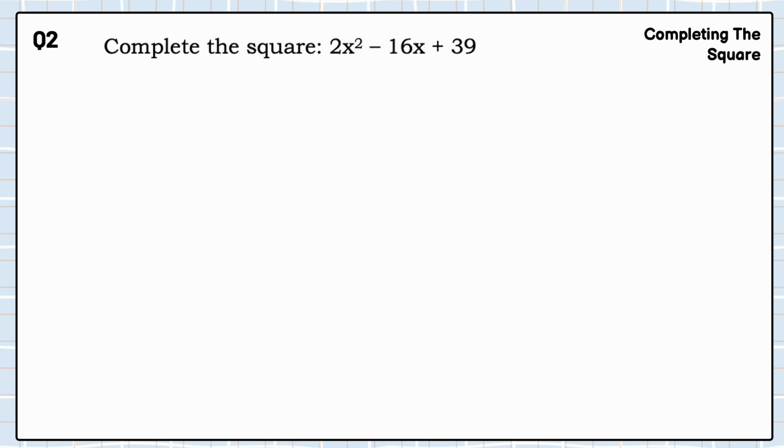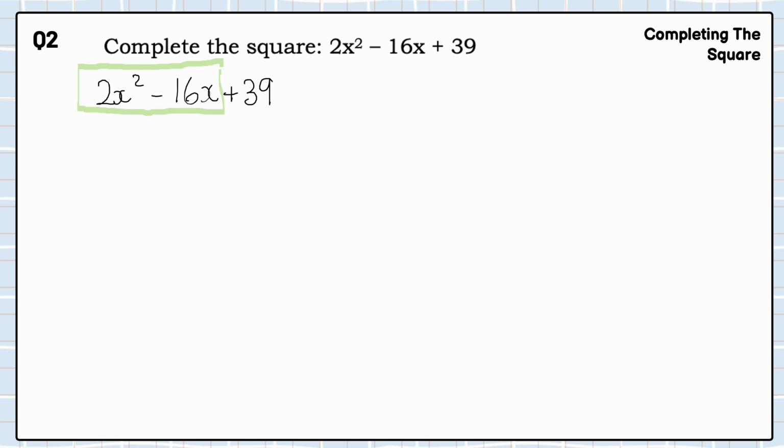Now we've got a question where we have to complete the square for 2x squared minus 16x plus 39. The first thing I like to do is isolate this bit here. We need to factorize out the 2 from 2x squared minus 16x so that we just have x squared by itself.